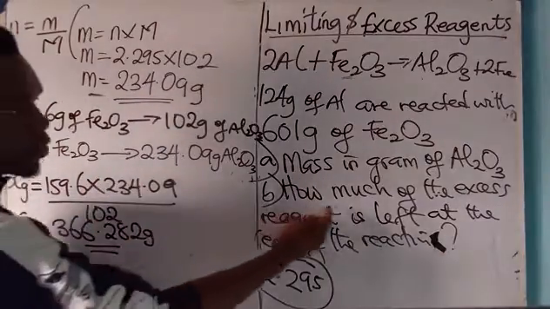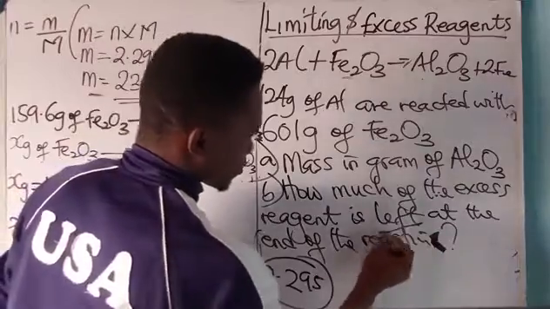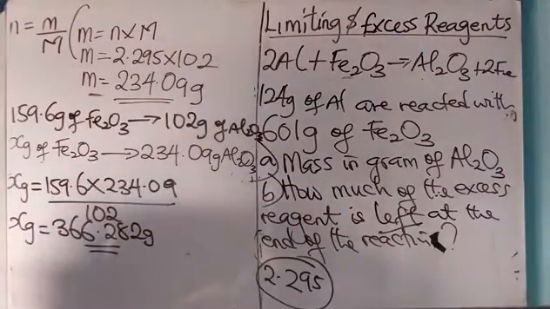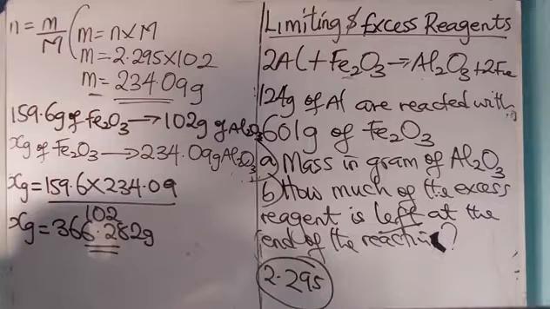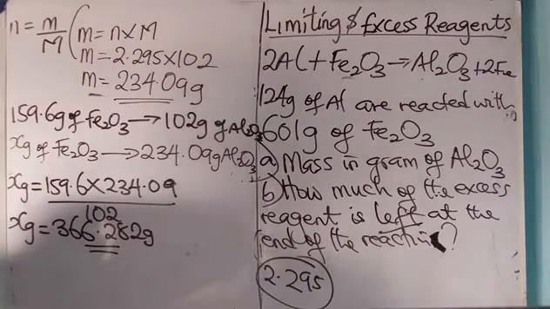They said how much of the excess reagent is left. Of course, it's going to be an OBJ exam. Do not be too quick to pick this thing. It's very dangerous. They said how much of it is left at the end of the reaction.